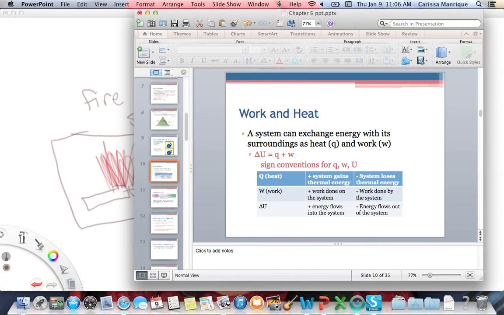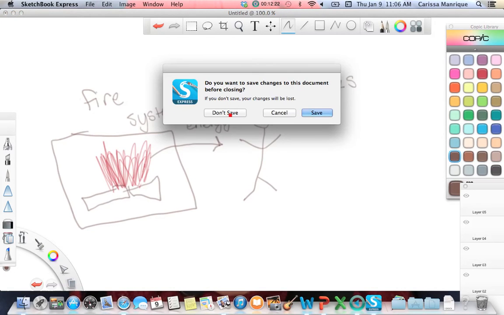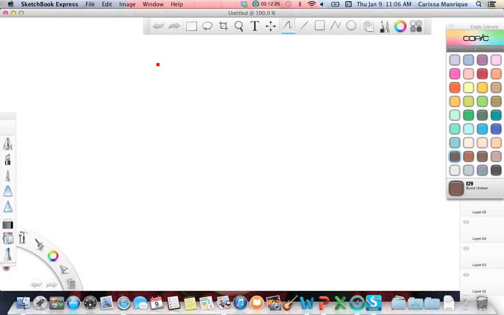Well, the total energy is just heat, which we say is Q, plus work, which is W. So delta U, okay, this is total energy, equals Q plus W. So this is how we measure it.